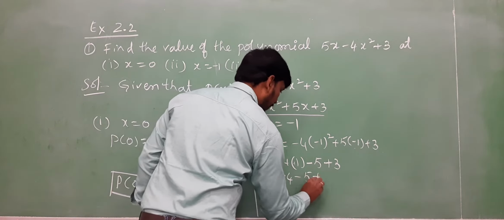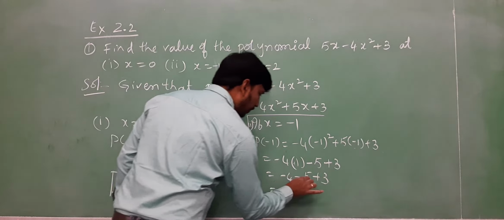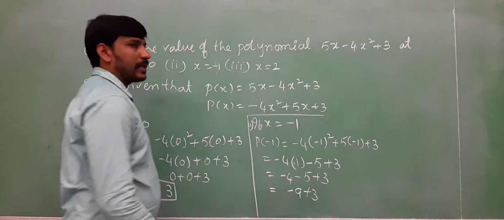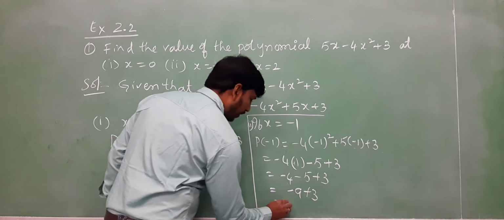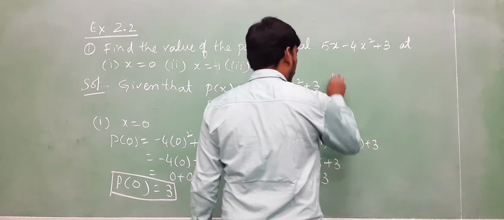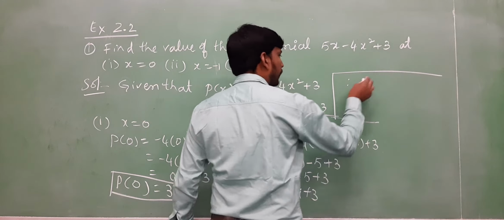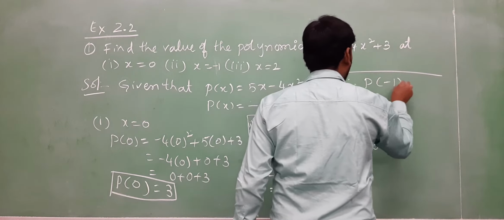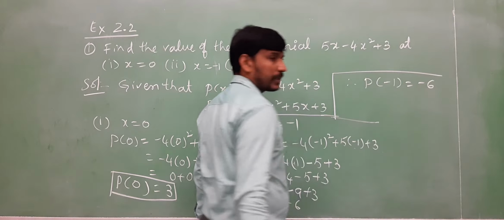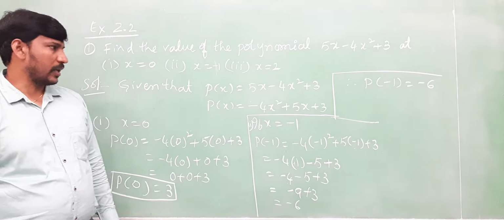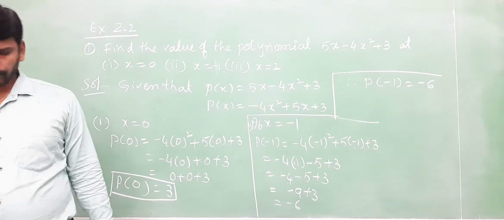Minus 5 plus 3. So minus 4 minus 5 is minus 9, plus 3. So minus 9 plus 3 is minus 6. Okay. So therefore here, the value of the polynomial is p of minus 1 equal to minus 6. The remaining third one you have to do it. Clear, children? Just copy.